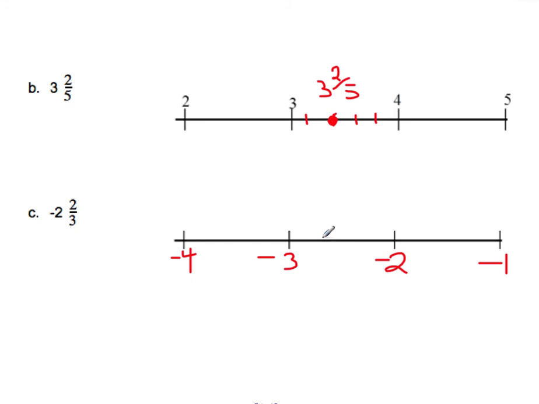When I'm on the right side of 0, I'm still going to go more right. If I'm on the left side of 0, I'm still going to go more left. So I have to divide it into 3 equal spots. That means I have 2 lines. So from -2, I'm going to go 2/3 more. Put a dot there, and I'm going to label my point -2 2/3.